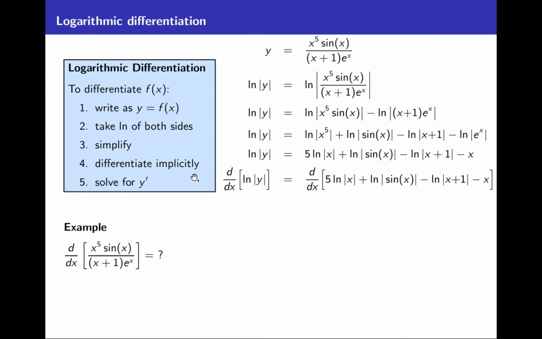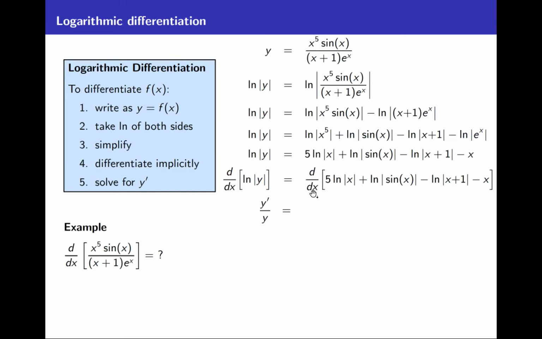We differentiate both sides implicitly with respect to x. Now on the left, the derivative of ln of the function y is the derivative of y divided by y. That's just our old familiar derivative rule for ln of g of x.